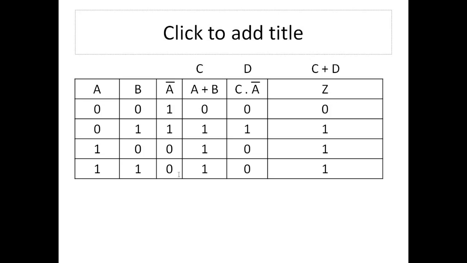That means I would be considering this column, that is C, and this column, that is A bar only. I'll not be concerned with these 2 columns for solving this.